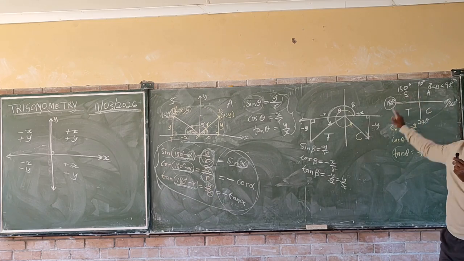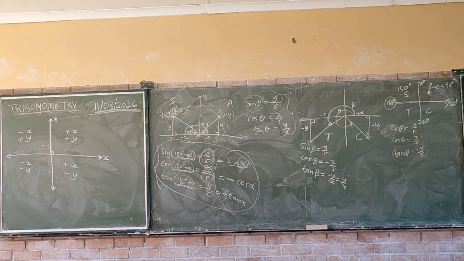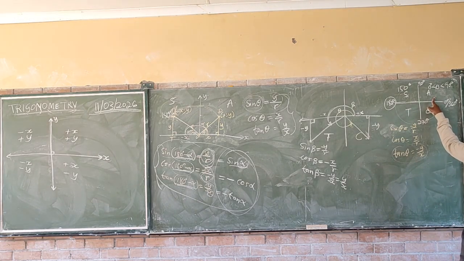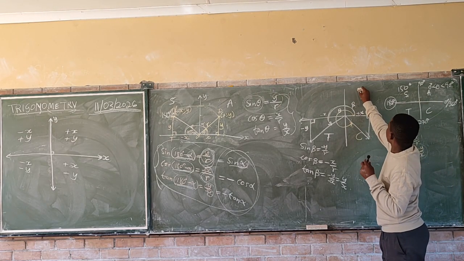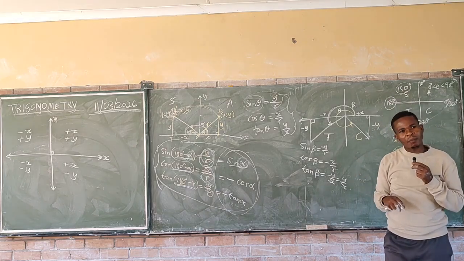Let's try cos. You know the number is 150. Let's try cos 30, okay? Let's start there. The bigger number that we have is how much?